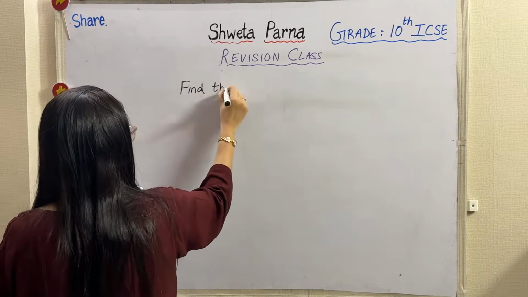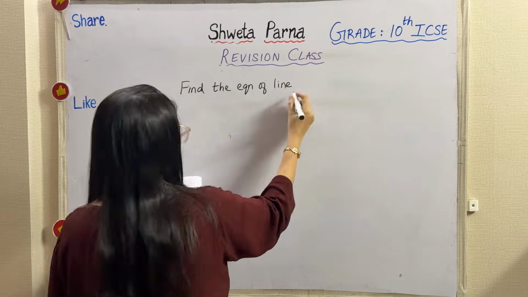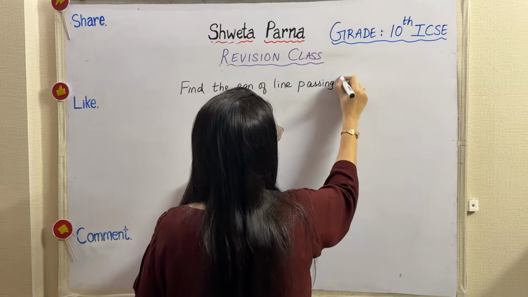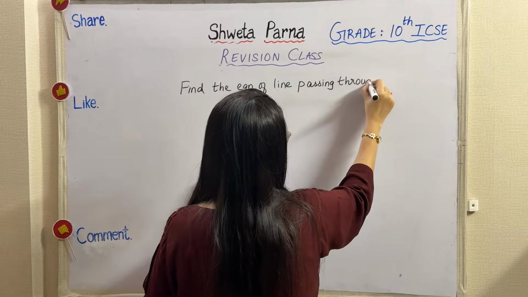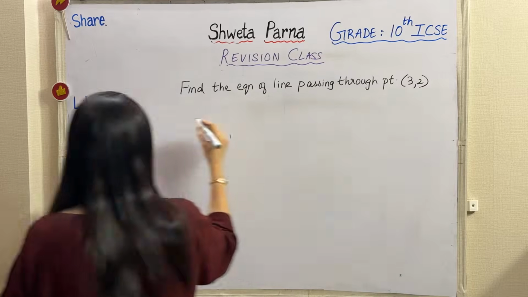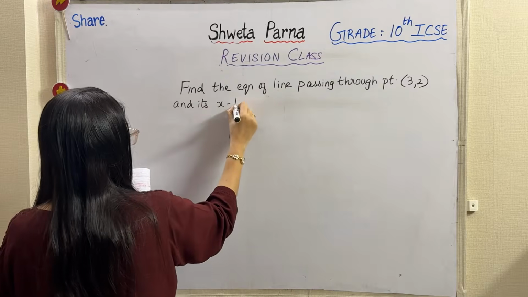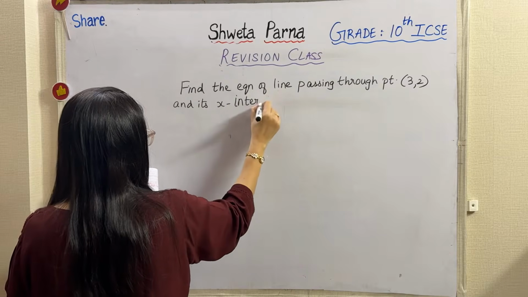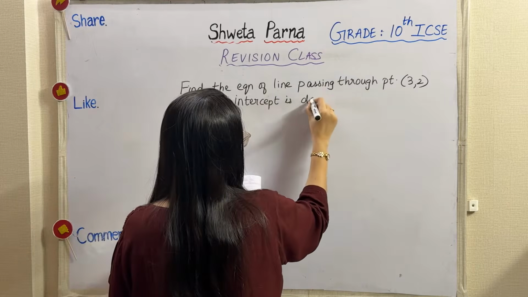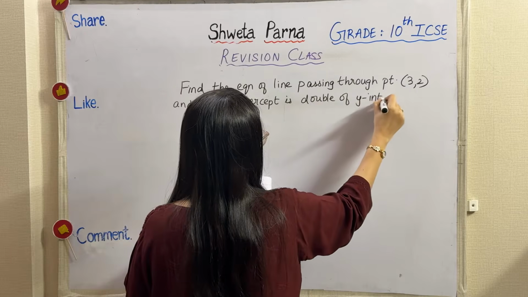Find the equation of a line passing through the point (3, 2) and its x-intercept is double of the y-intercept.